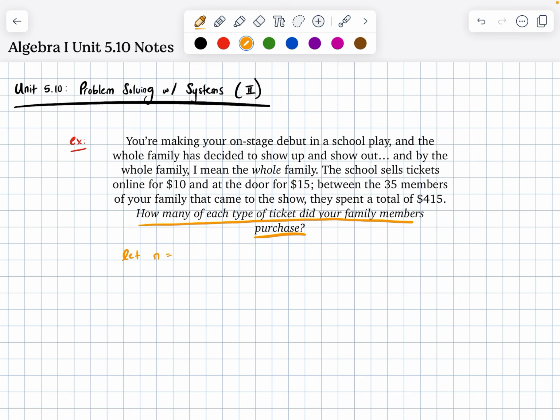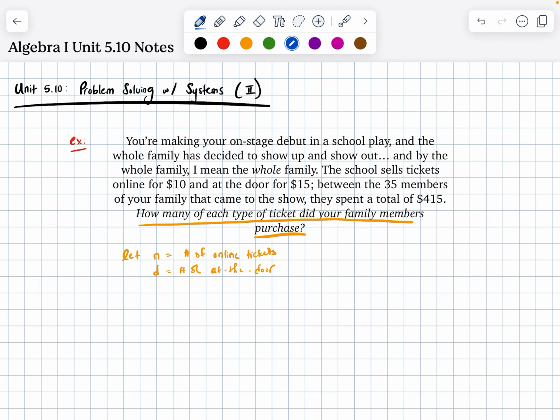I'm going to pick something like N. You could use X, you could use whatever you want. I'm going to say N is going to represent the number of online tickets that were purchased. And then I'll use something like D for the number of at-the-door tickets that were purchased.